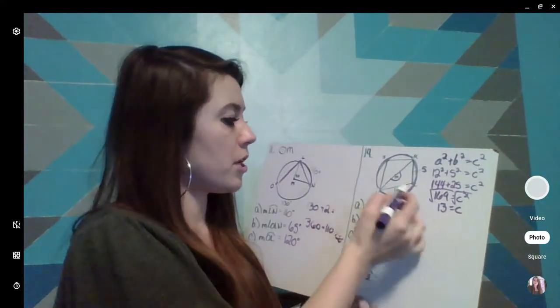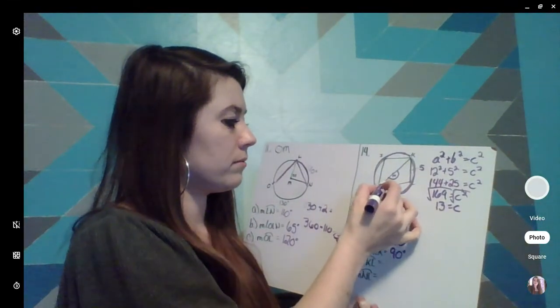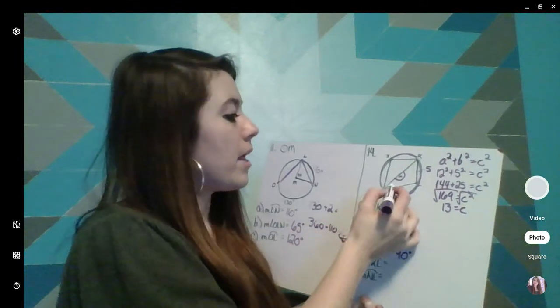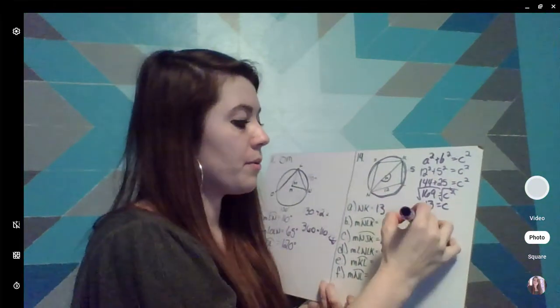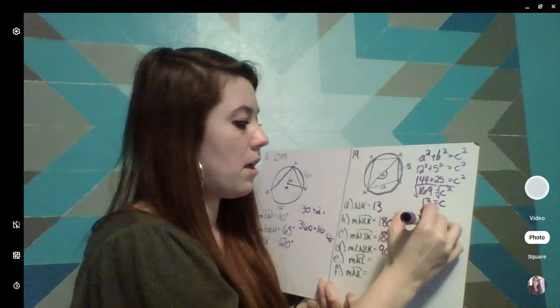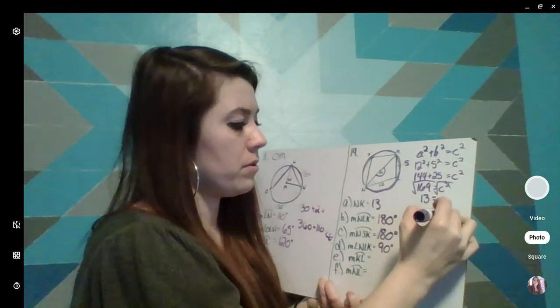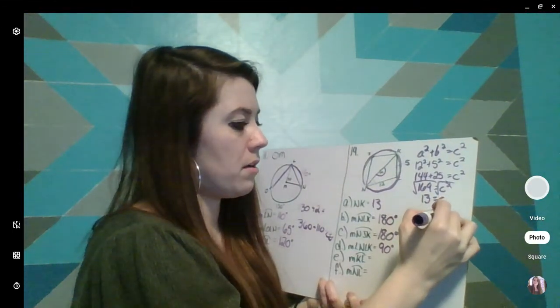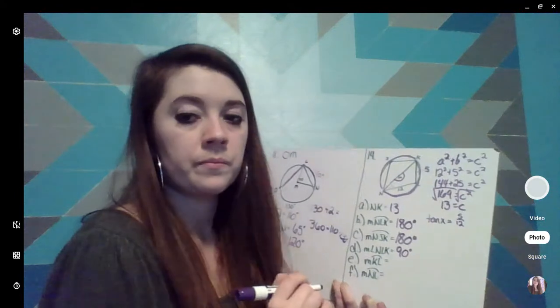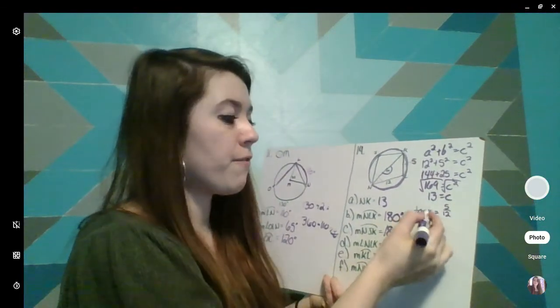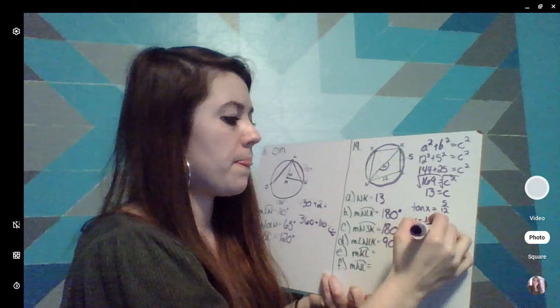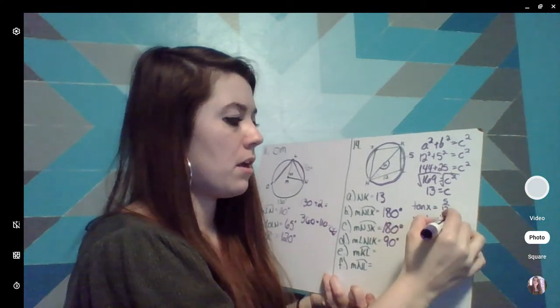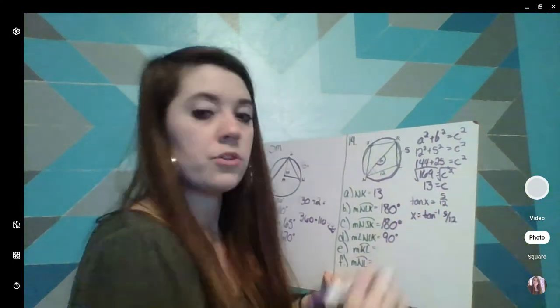So in searching for this angle right here, we have our adjacent and our opposite. So we're going to use tangent x equals opposite over adjacent. And now remember, when we're solving for an angle, x is going to equal the inverse tangent of 5 over 12.